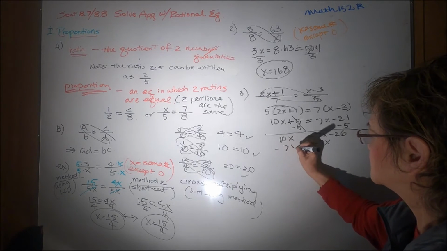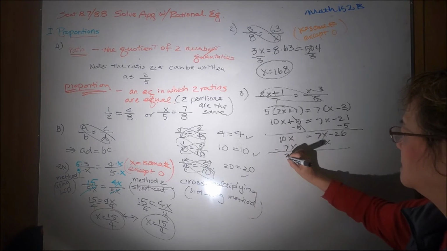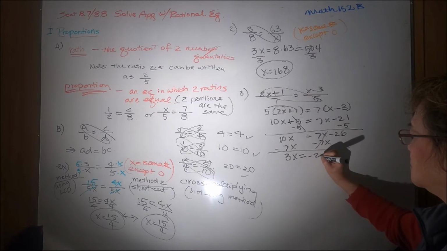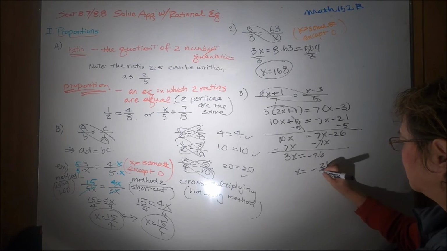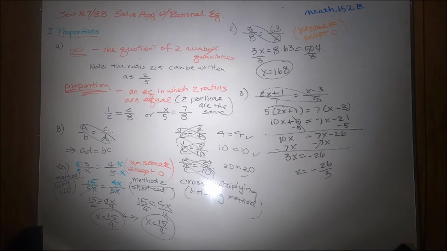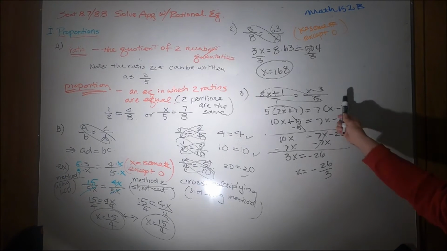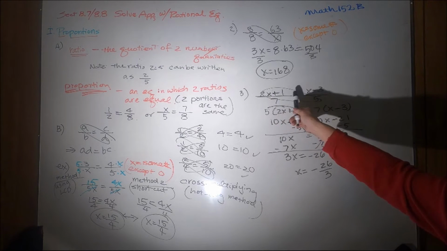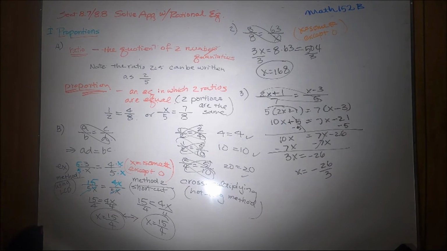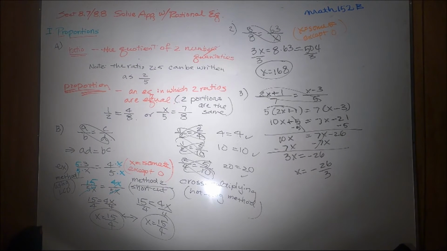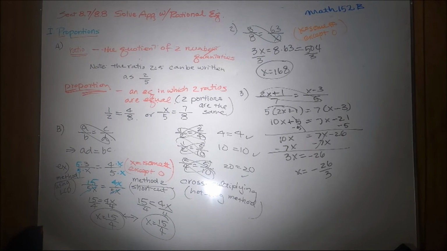Minus 7x. So I will have what? 3x equals negative 26. X would be what? Divided by 3. Can I circle the answer? Do I have restrictions for x? X is not in the denominator, so you don't have restrictions.